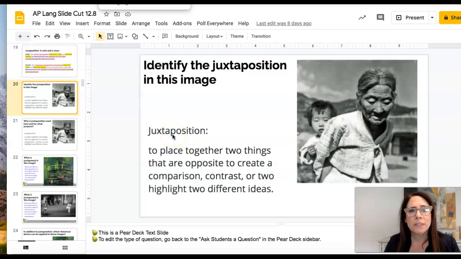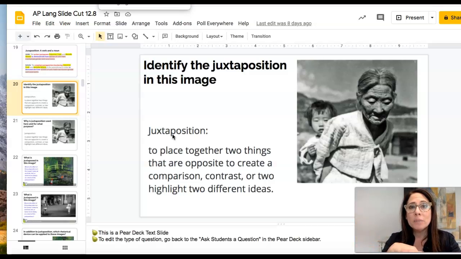Juxtaposition is placing two different things right next to each other or near each other to make a point. So remember that rhetorical devices can be many things at once, and your eye needs to see at least one of those many things.